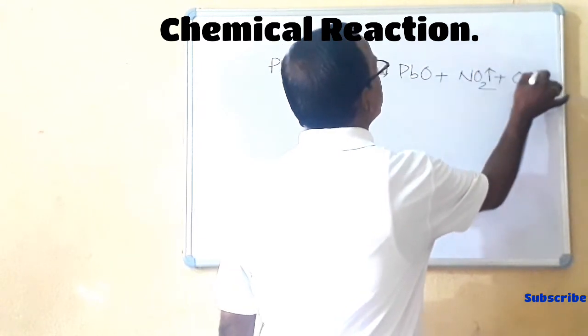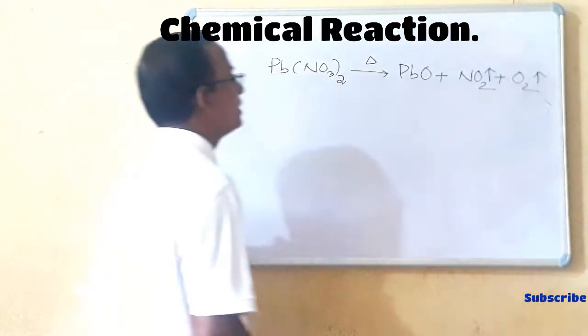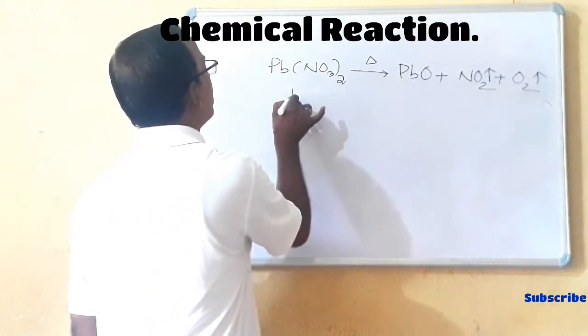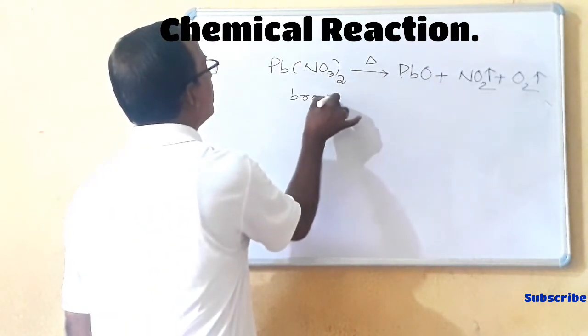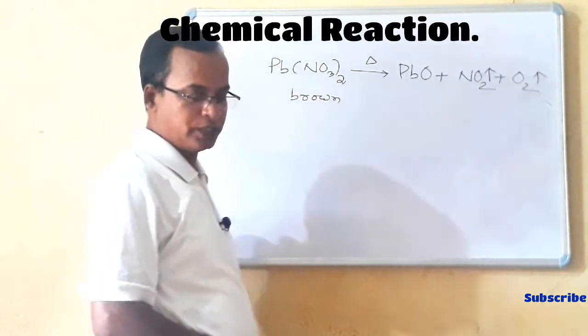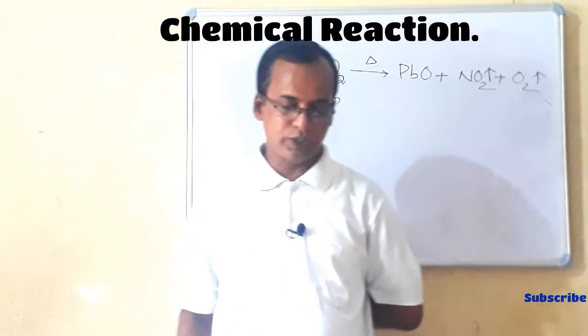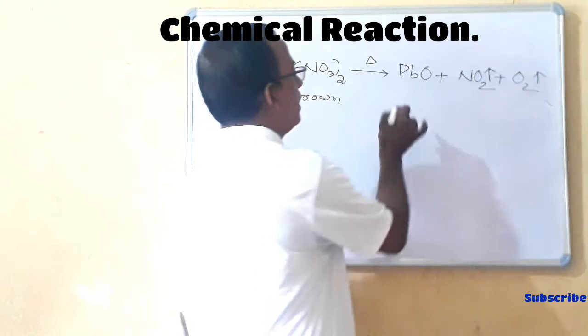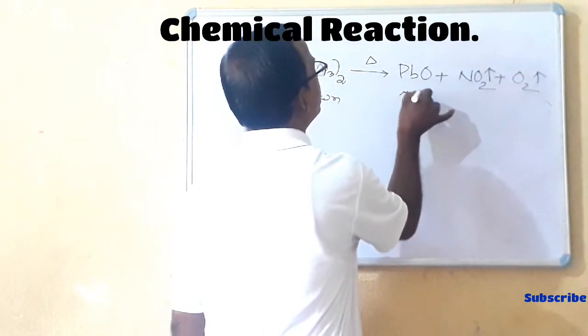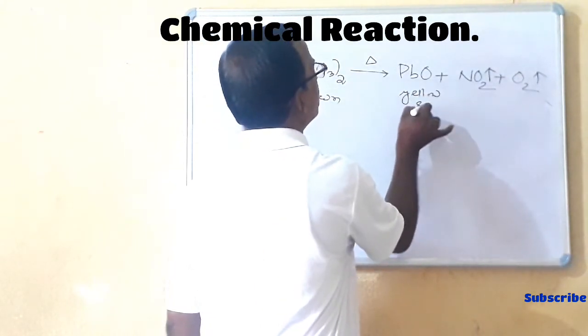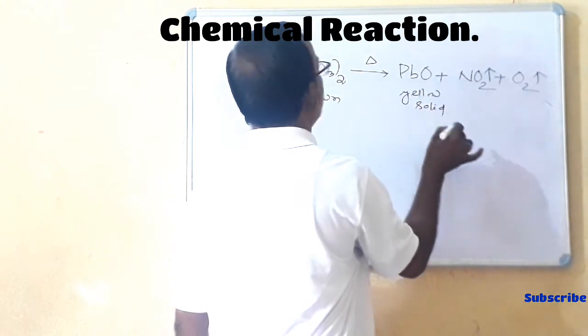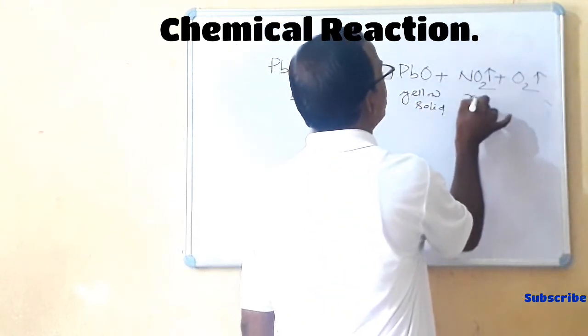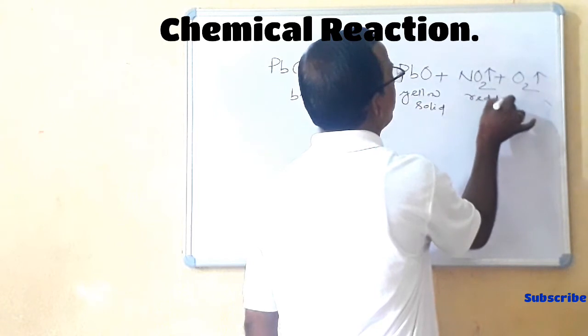Nitrogen dioxide gas is released, oxygen also is released. Lead nitrate, which is brown in color, produces lead oxide, which is a yellow solid, and nitrogen dioxide, which is reddish brown.